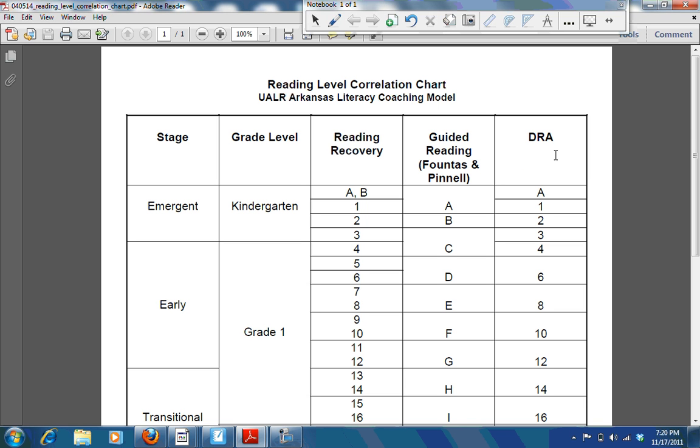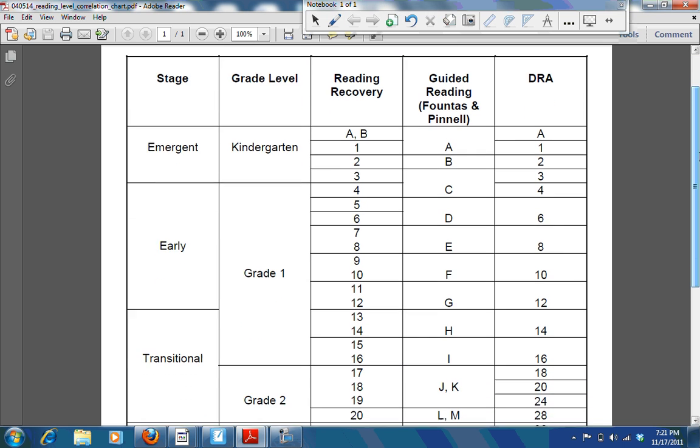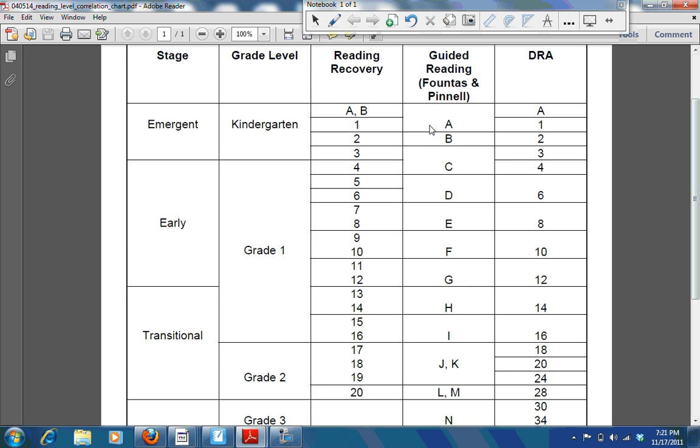Most of us in our district use the DRA levels, but sometimes we'll find that books are categorized based on the Fountas and Pinnell. Now, because I'm going to ask you to use the continuums, that is from Fountas and Pinnell, and so they are basically the letters.